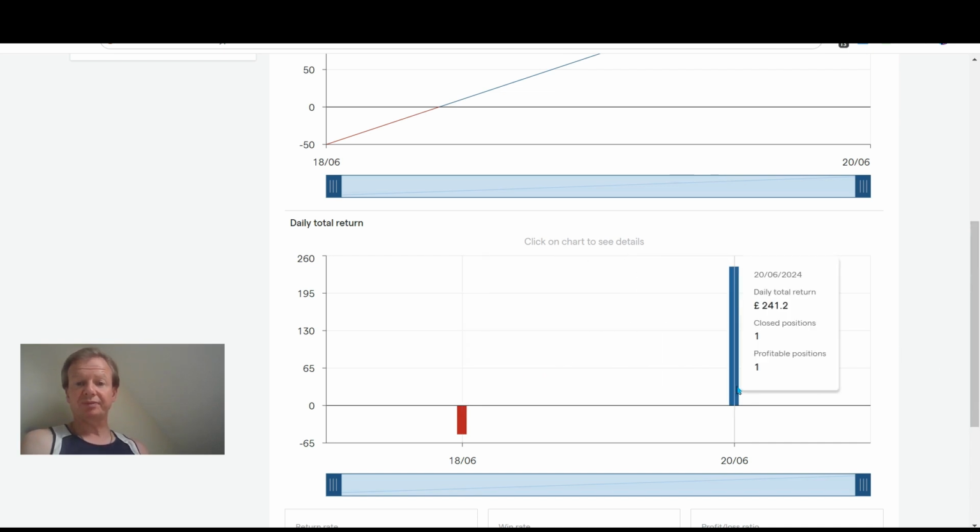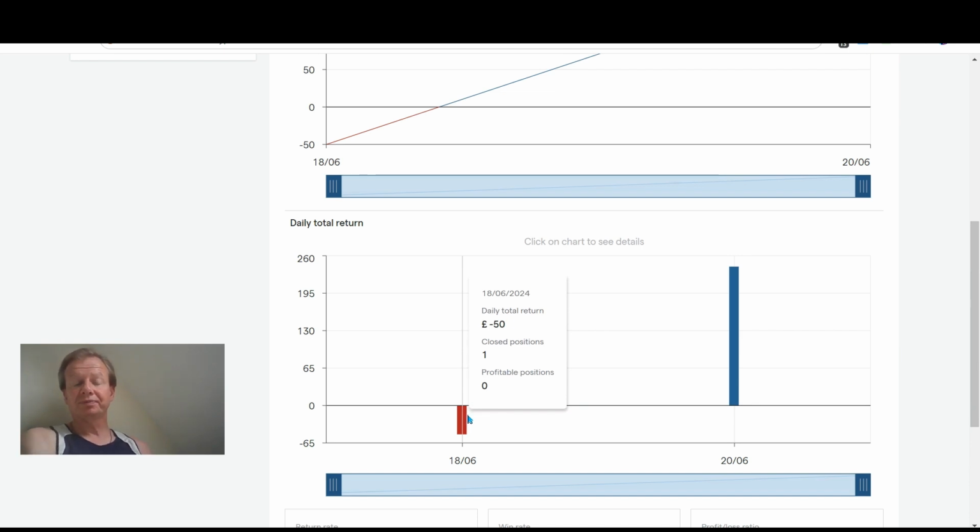Now, this £50, actually it could have been a lot more. It could have been £150, because what I was doing, I was setting my stop at 15 pips, looking to get 20 pips, and at £10 a pip, that could be £150. But I've been using a trailing stop, which I've explained in previous videos as well.